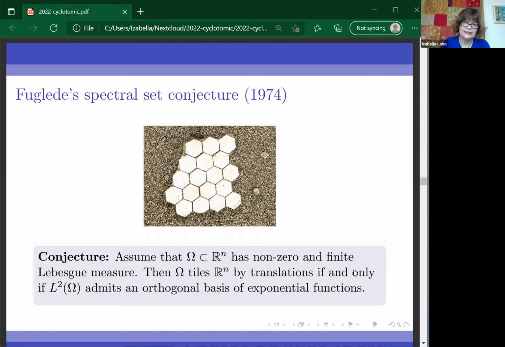The conjecture is that a domain in R^n, which we assume has non-zero and finite Lebesgue measure, tiles R^n by translations if and only if the L2 space on omega admits an orthogonal basis of exponential functions.